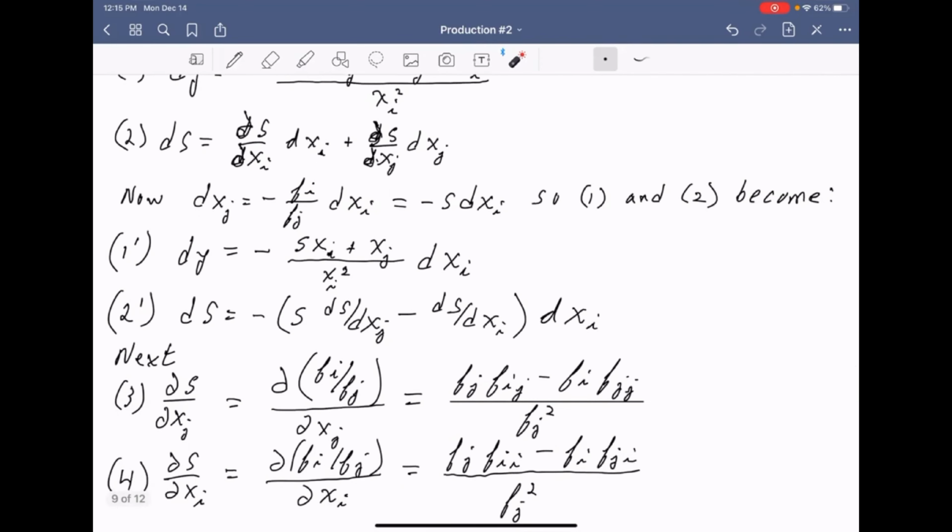Now we can substitute that in so that 1 and 2 become dy equals minus s xi plus xj divided by xi squared times dxi, and ds is then this complicated formula, and again we need to have partial derivatives here, not full derivatives.